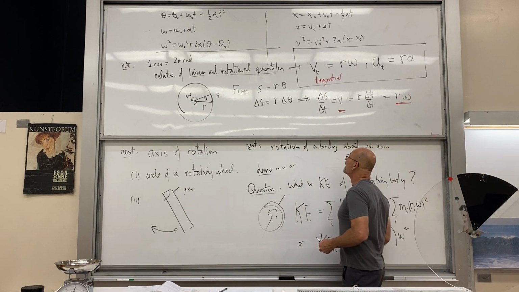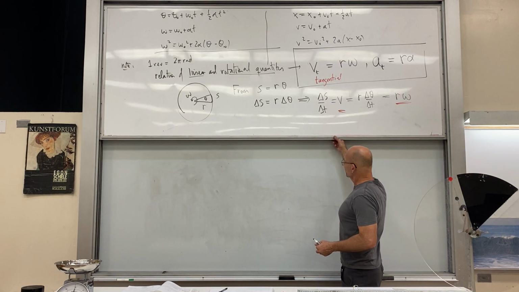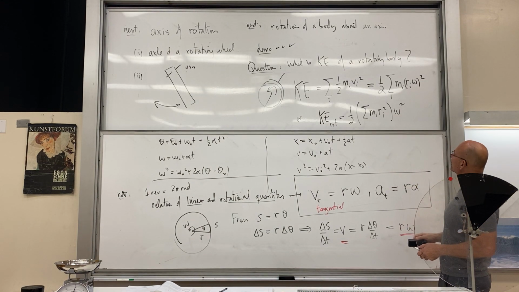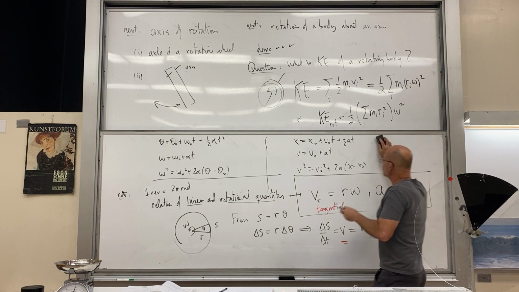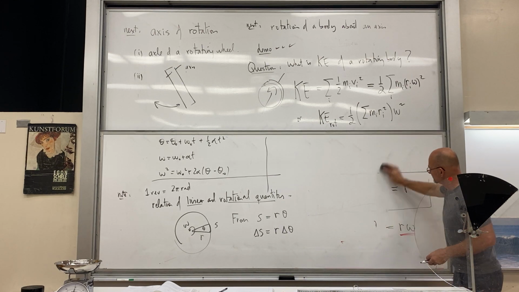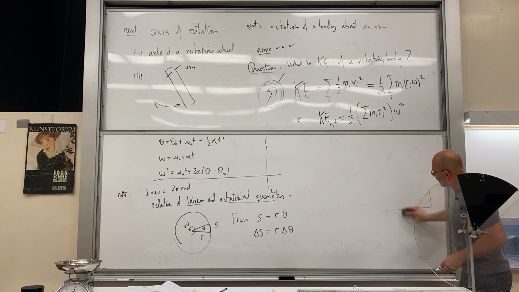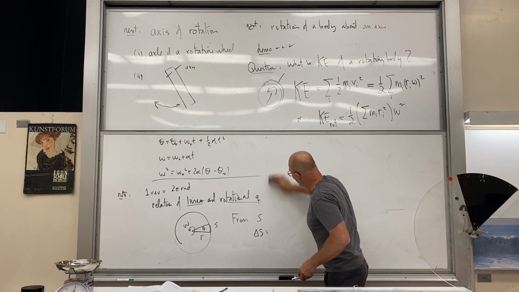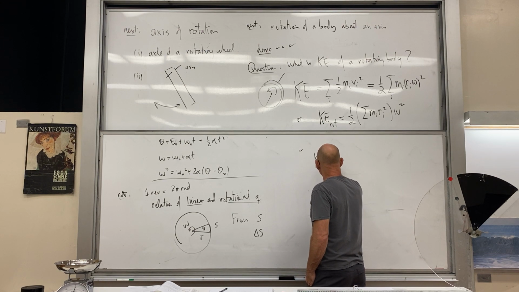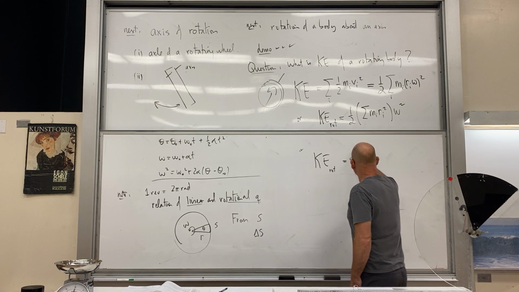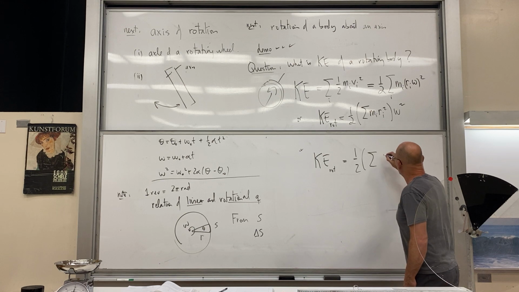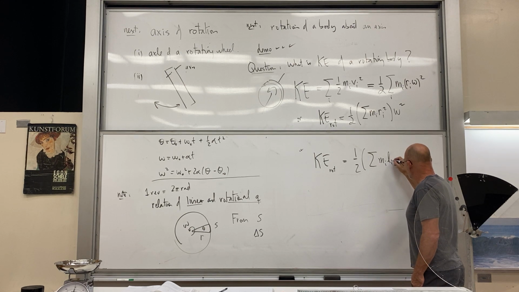Okay, this has to be discussed a little bit, so I'll rewrite it and discuss it with you. In fact, I'm going to rename that R there. So once again, the kinetic energy of rotation is 1/2 the sum over m sub i, I'm going to write L sub i squared.